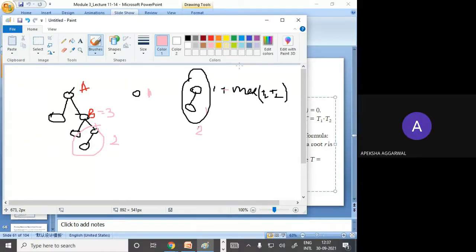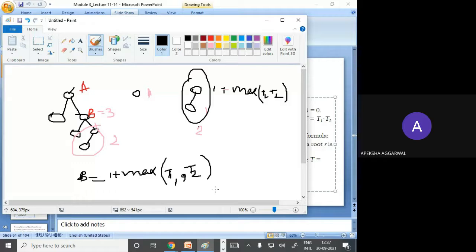Okay. So for the height of any node, we just use this formula. The height of B, I'm writing over here, B is equal to 1 plus max of T1 comma T2. My writing is very bad over here, but I hope you can understand, this is T1 and this is T2. So this is height, right?